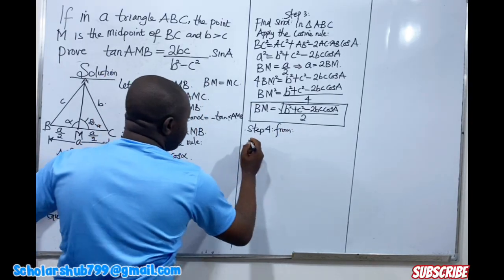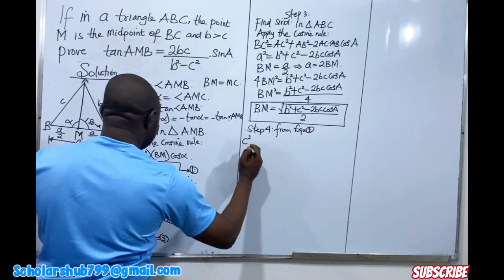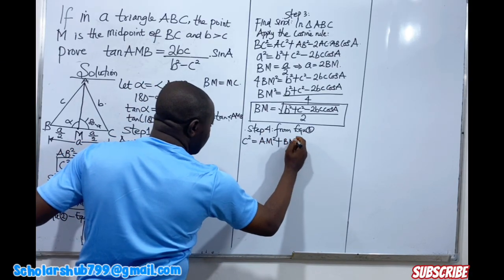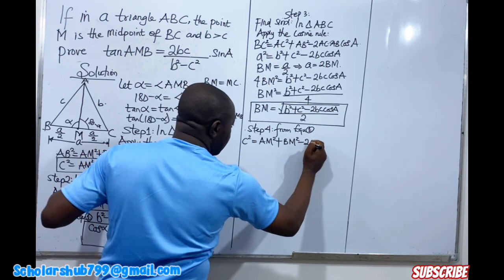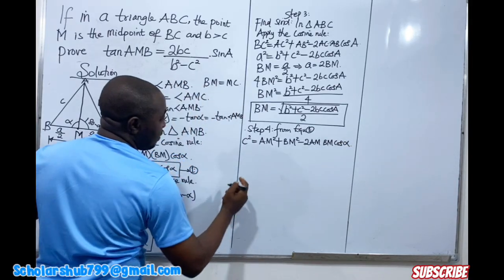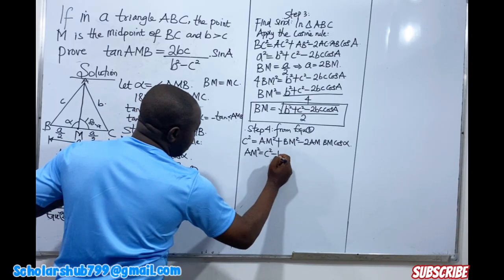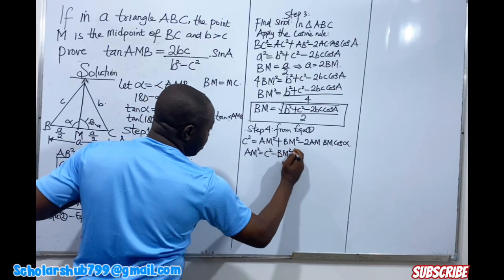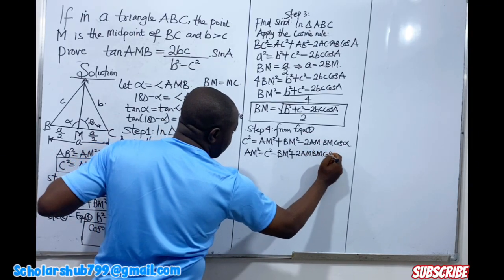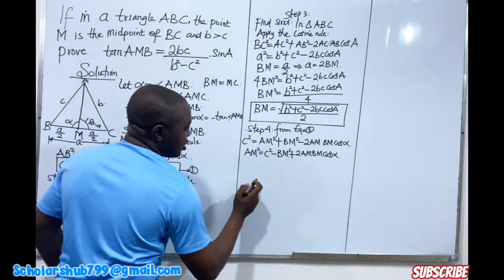From equation 1, we have c squared equals AM squared plus BM squared minus 2 AM BM cos alpha. So let's make AM the subject of the formula. So this will be c squared minus BM squared plus 2 AM BM cos alpha. Now let's simplify this first.